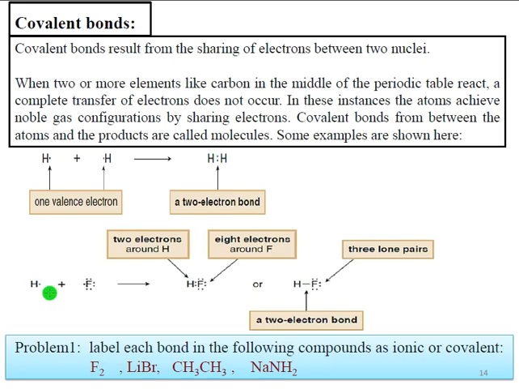Look here, the hydrogen and the fluorine also make a covalent bond. This hydrogen gives this electron and the fluorine gives this electron. For the fluorine, if you count 1 2 3 4 5 6 7 8, it will be like a noble gas. For this reason it will be stable and form a covalent bond.